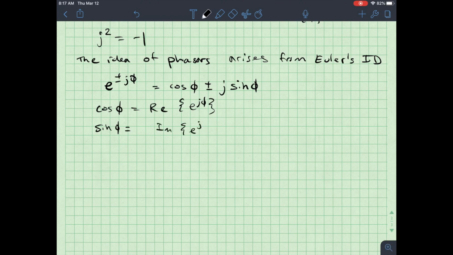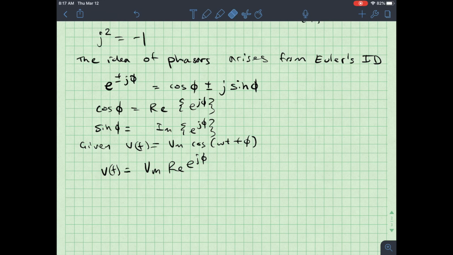So let's say that I'm given v of t, and it's Vm cosine omega t plus phi. Now, because the real part of e to the j phi is cosine of phi, I could rewrite this as v of t is equal to Vm times the real part of e to the j phi, except that I'm going to replace phi, the argument of Euler's identity, with what's actually in the cosine.